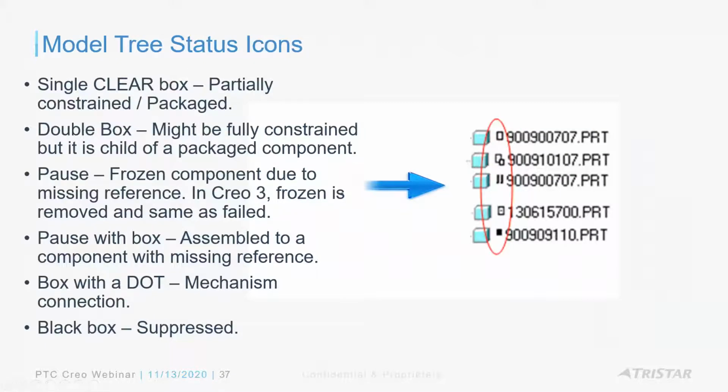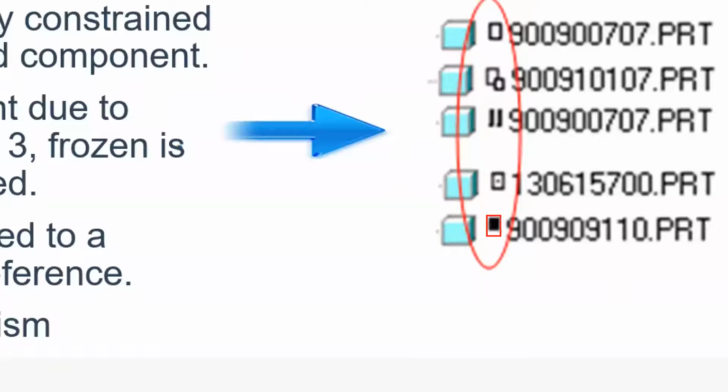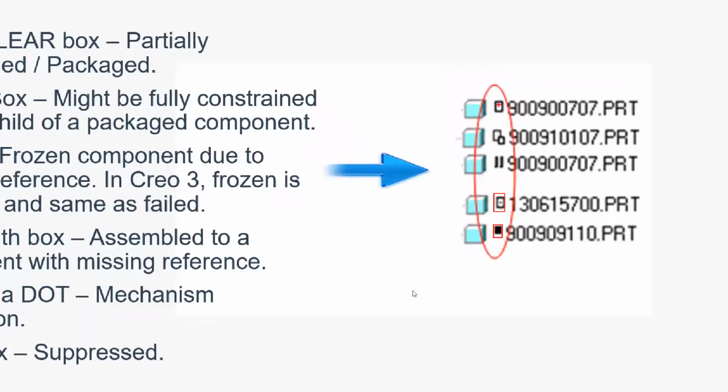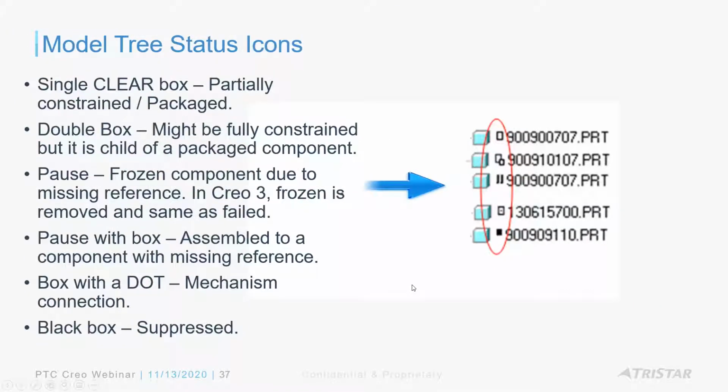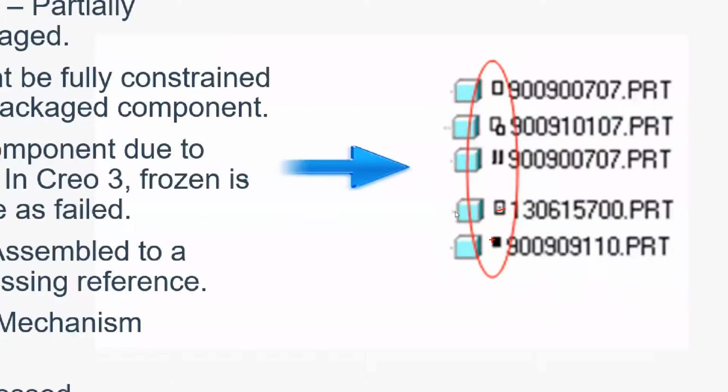And some general things that most of you may be aware of. When you open an assembly, sometimes you see this black rectangle. Sometimes you see a rectangle with a dot, sometimes a pause, sometimes two rectangles. And what do they really mean? When you have a rectangle, it means it's packaged, or it's partially constrained. But if you have a rectangle with a dot, it means it's connected.